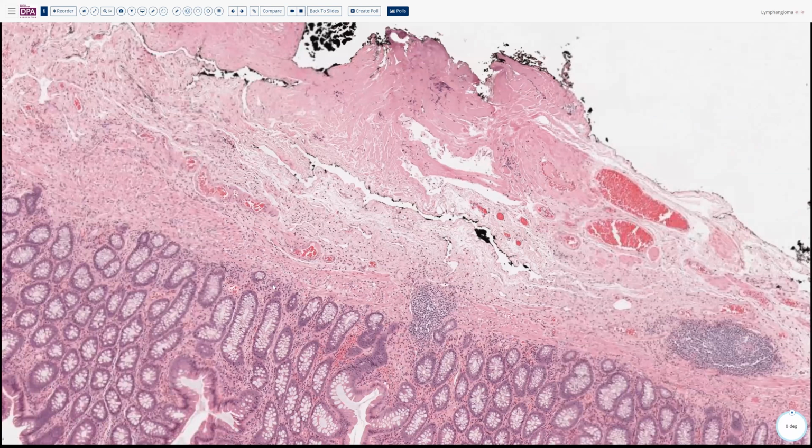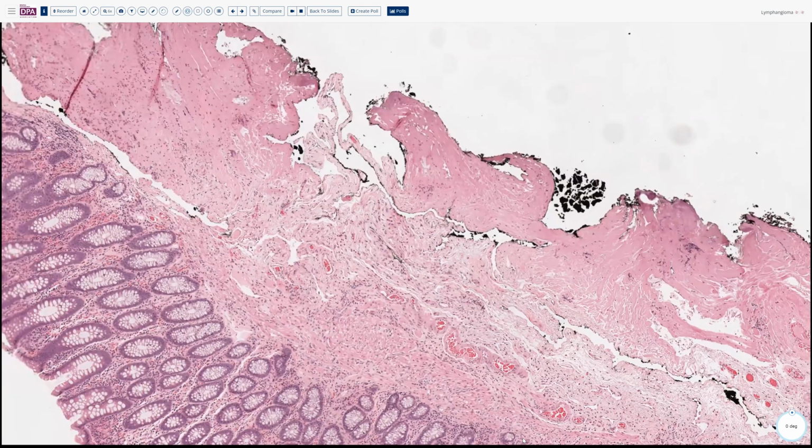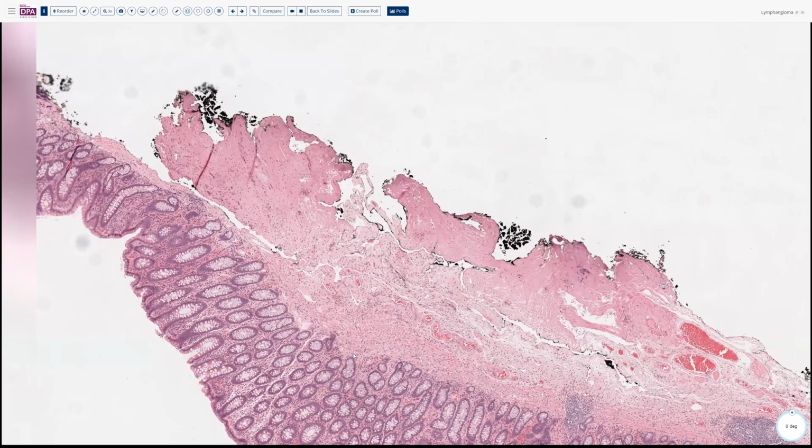It's really quite a subtle change, but the history was a slight elevation without discoloration. And so they're biopsying what they thought was a submucosal tumor, and they only got this very dilated angiomatous type of space in the result.